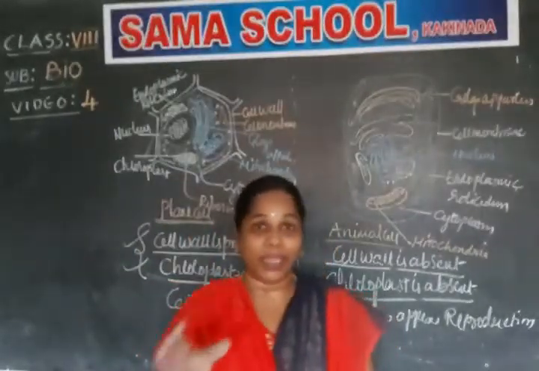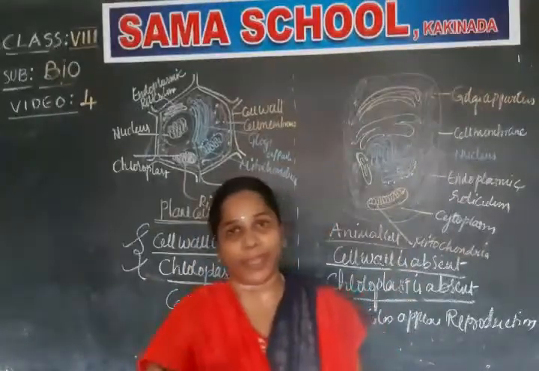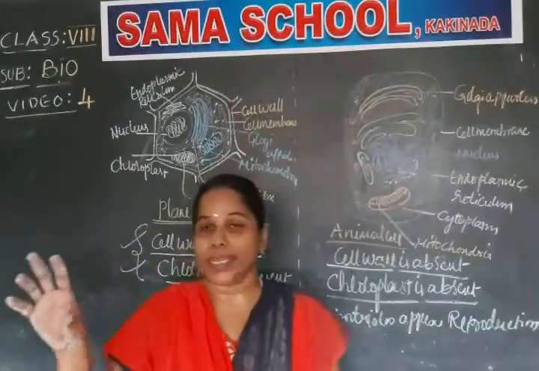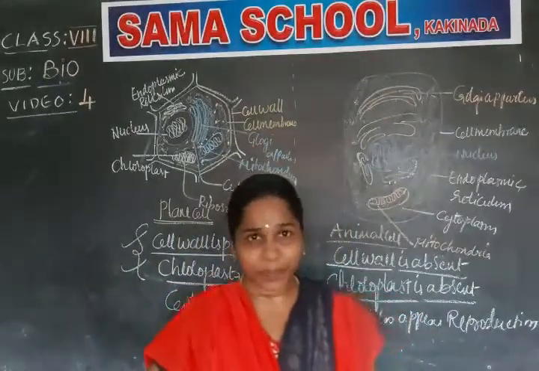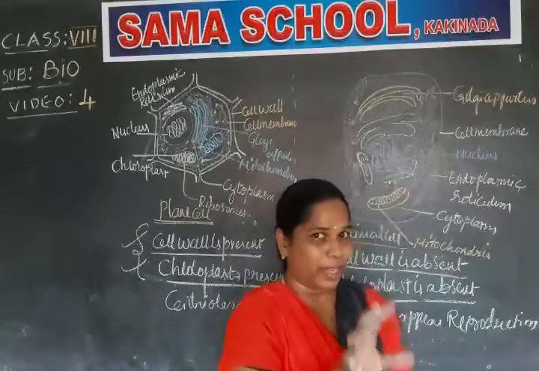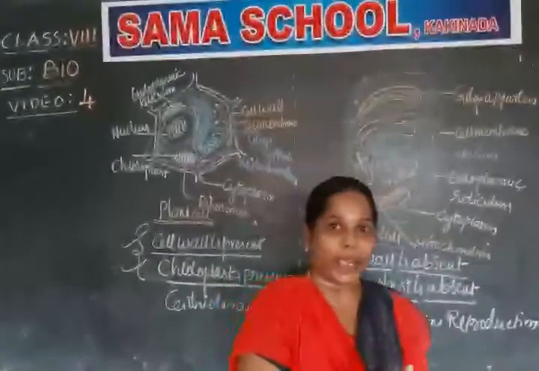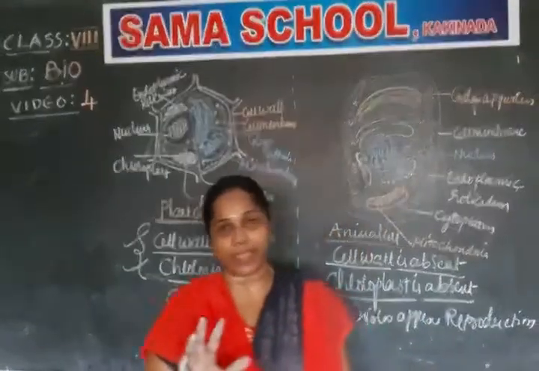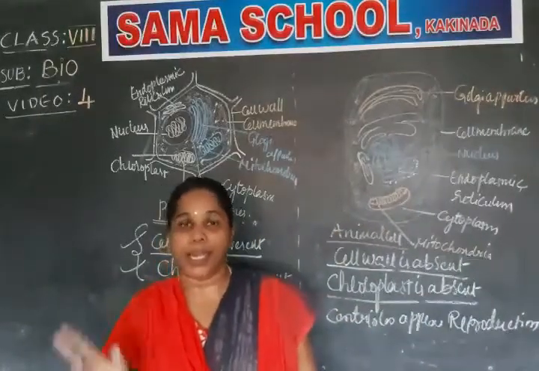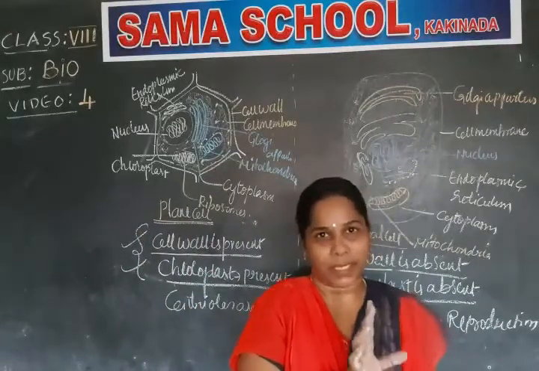You can see the cell shape clearly: cell wall is present, here cell wall is absent. Here the nucleus is at the periphery, here the nucleus is in the center. Cytoplasm is present in both. Here cell membrane is present, here cell membrane is absent.